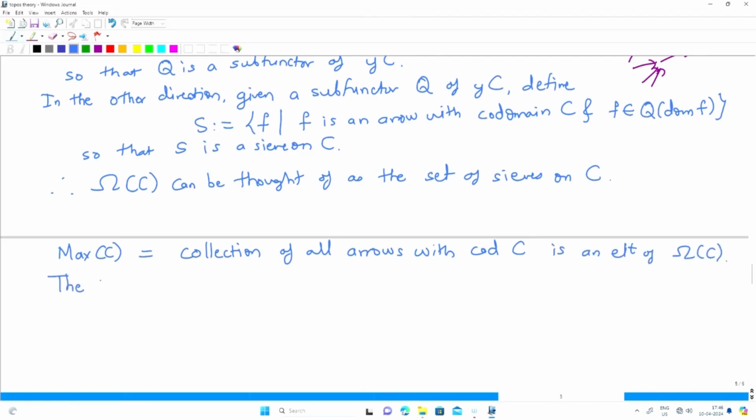The true map, where is it from? True is from 1 to omega, but it's a map in the pre-sheaf category. So you will have to specify it at an object: it has components true sub C from 1 evaluated at C to omega of C. This has to be a monomorphism again. What is 1 of C?